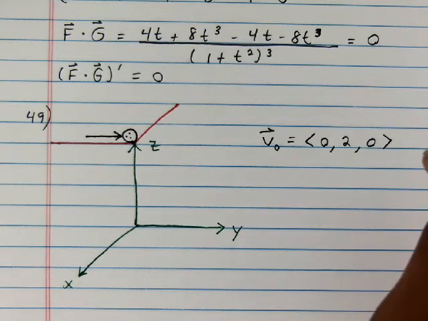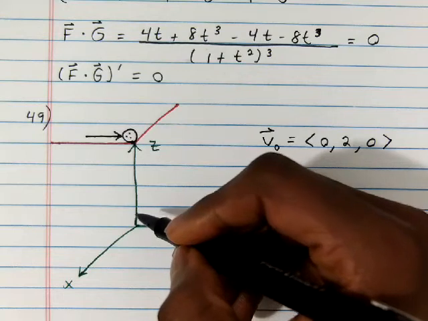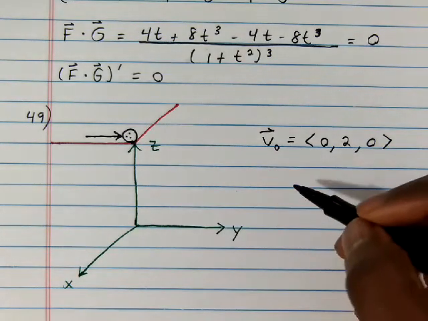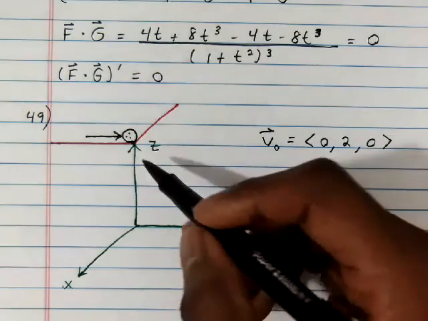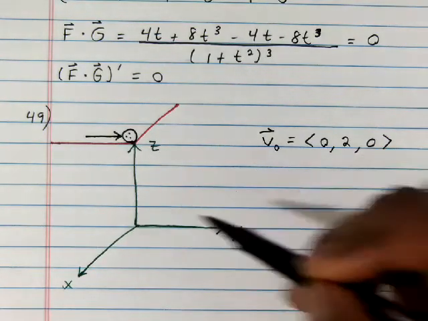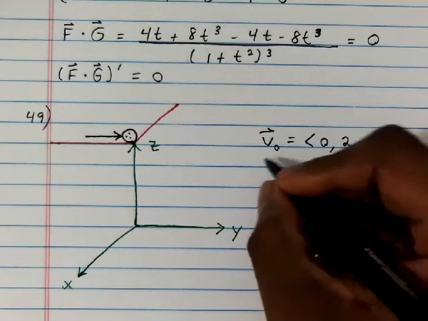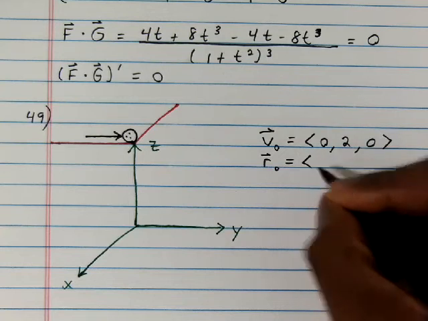Now, what else did they give us? I know this is 2.6 feet. How long after it leaves the table does it hit the floor? From this, we can also look at its initial position, because I put it directly above the origin. So its initial position, according to the way that I set this up. Now, you could set it up other ways, but you will probably complicate things more.